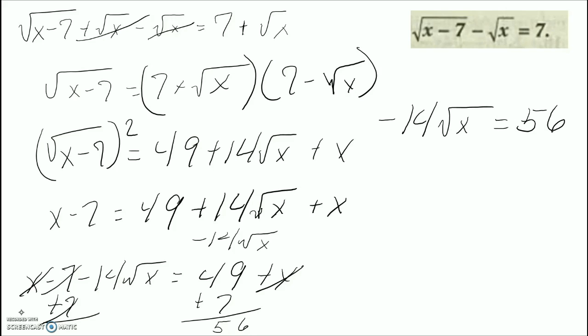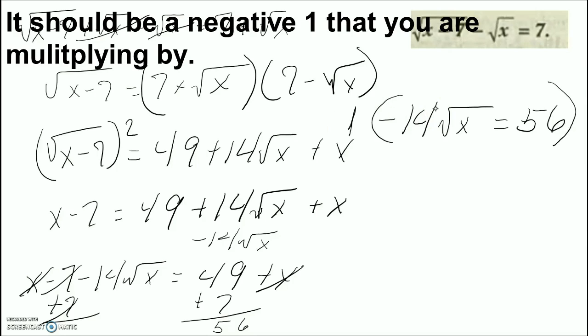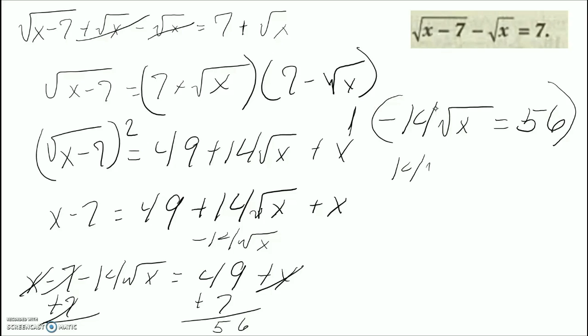Now, this negative I really want to get rid of on this side, as it's not being very helpful to us at the moment. So I'm going to multiply the whole thing by negative 1. That's going to make this positive 14, and this negative 56.